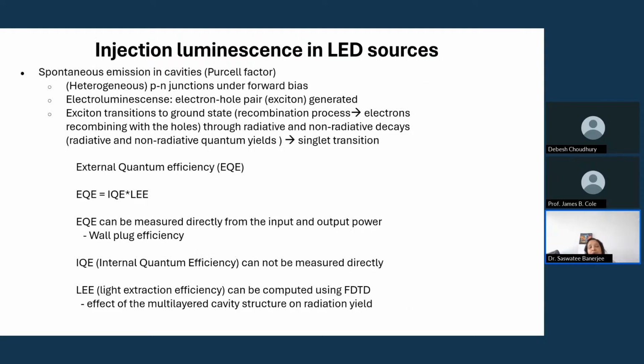Now, if we are going to talk about LEDs a little bit more, as we already talked about, we are dealing with spontaneous emission. Those of you who work with lasers know that there is another thing, stimulated emission. Spontaneous emission is incoherent in nature.